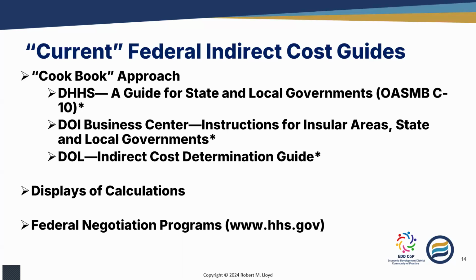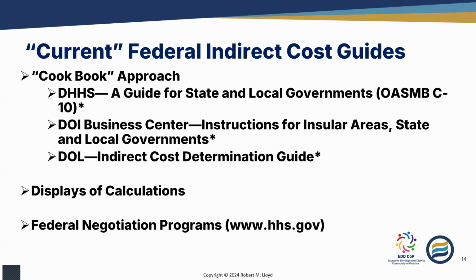Now, the Department of Health and Human Services also has something that can be helpful to you as well, and that's what's called a negotiation program. If you go online to HHS's Program Support Center, is the term of art once you get into their website, and simply Google the words indirect costs negotiation programs, I think you'll find that those pop up.